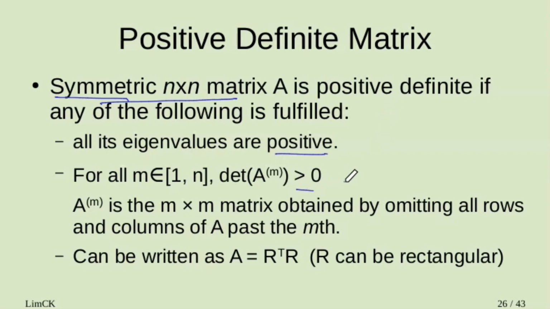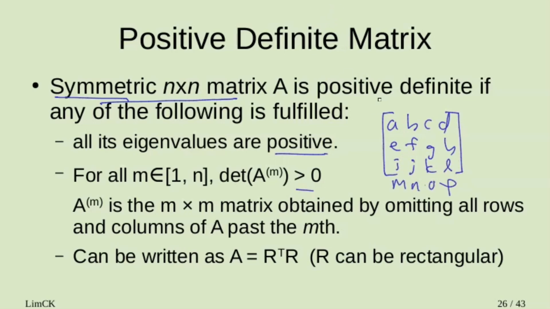What I mean is, maybe I explain a bit. If this is a square matrix, let's use the example of 4x4: A, B, C, D, E, F, G, H, I, J, K, L, M, N, O, P. For this matrix, what you need to do is check, first, is this first element a positive number?